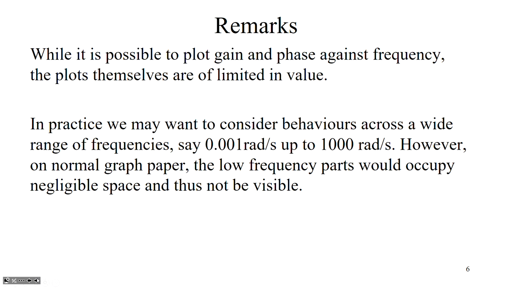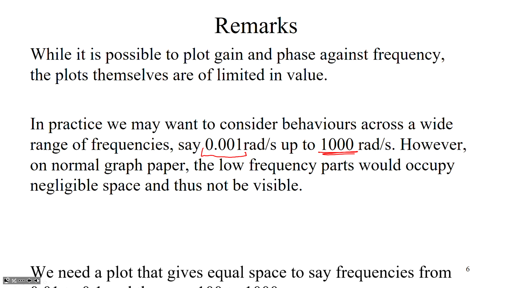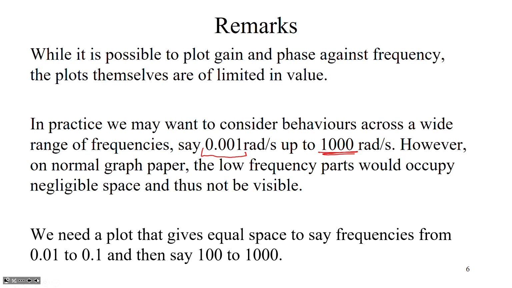In practice, we want to consider behaviours across a very wide range of frequencies, say from 0.001 radians per second up to 1000 radians per second, and in some cases well beyond those two ranges. And we're not going to be able to do that on normal graph paper, because the low frequency parts would occupy negligible space and not be visible. So we need a plot that gives equal space to frequencies from say 0.01 to 0.1 and say 100 to 1000.